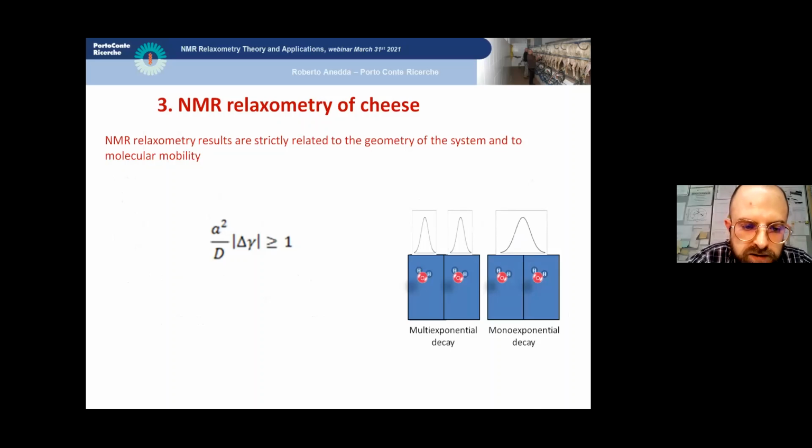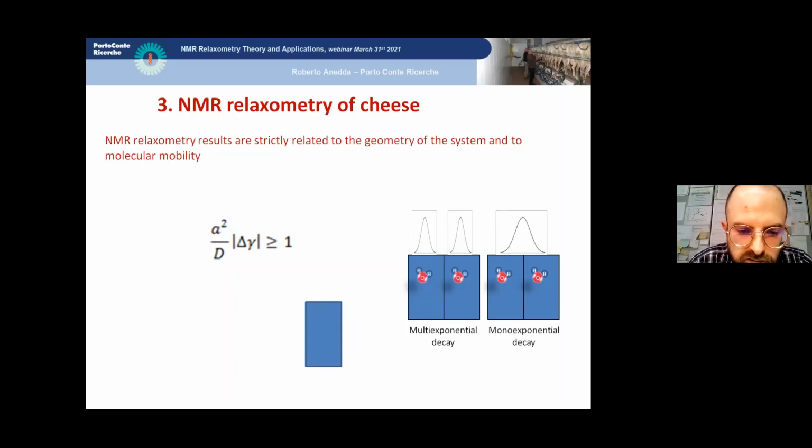In this case, the micelle radius can be an inhomogeneity domain in milk. It is about 0.1 micrometers, as we said before. D is the diffusion coefficient of water, and delta gamma is the difference between the relaxation rates in the two sites.